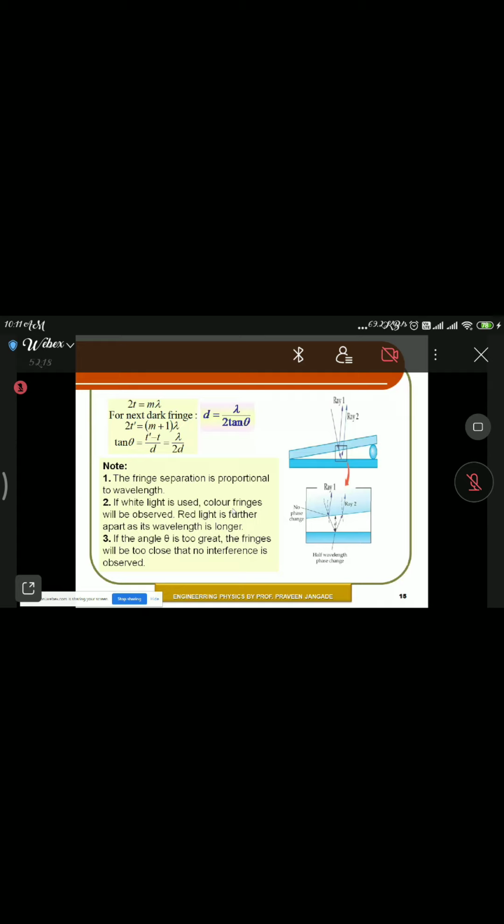So colorful fringes will be observed if you replace it with white light. This is the answer.